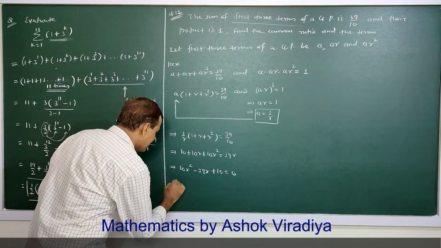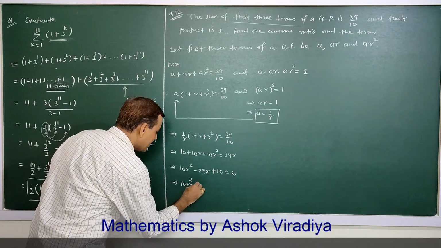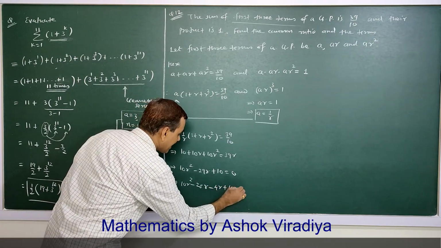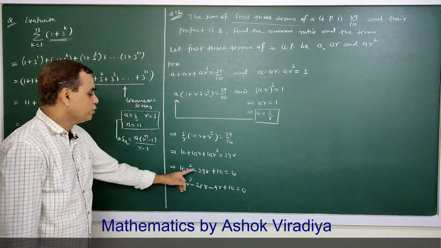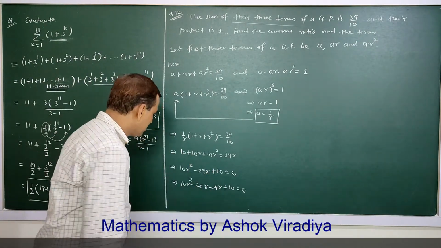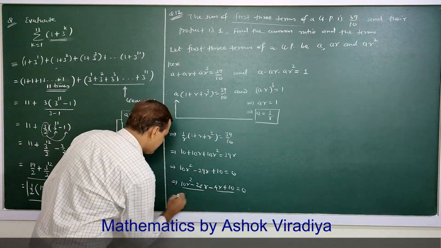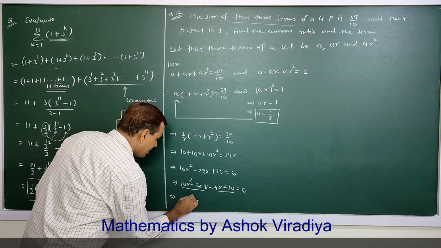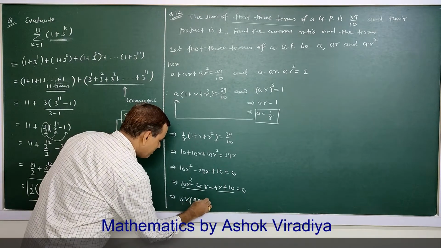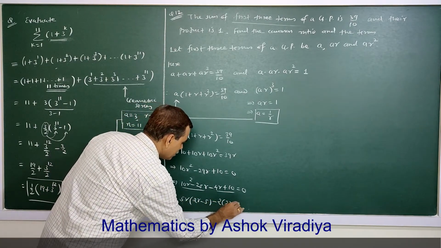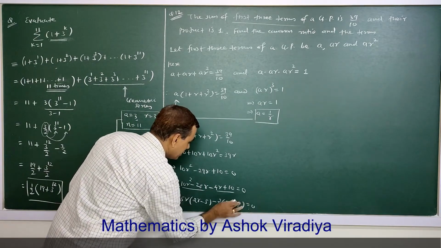Now factorizing this, 10R square minus 25R minus 4R plus 10 is 0. 10 into 10 is 100, 25 into 4, so 25 and 4. Now taking factors, 10R square minus 25R, 5R common, so 5R into 2R minus 5, minus 2 common, 2R minus 5 is 0.